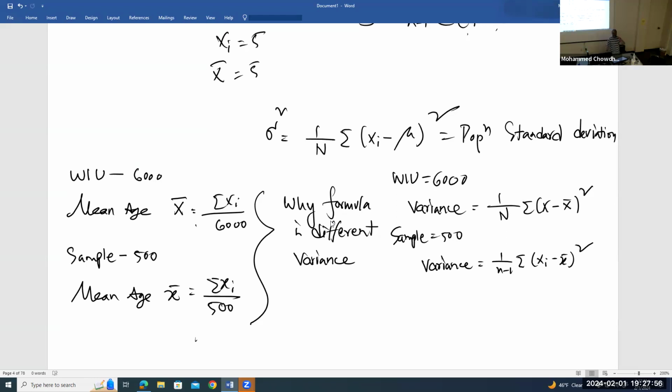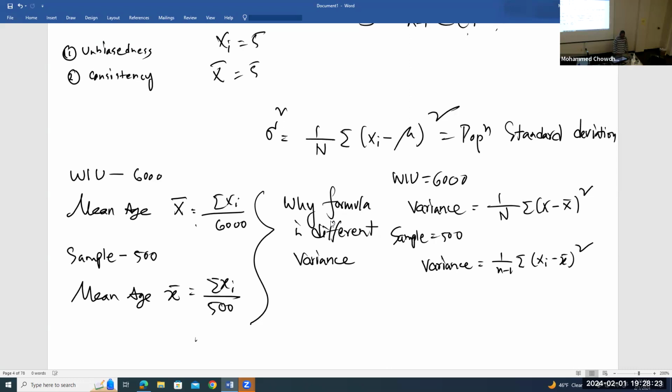Statistics has certain properties after doing estimations. So what are the properties? The properties are unbiasedness, number one. Number two, consistency.